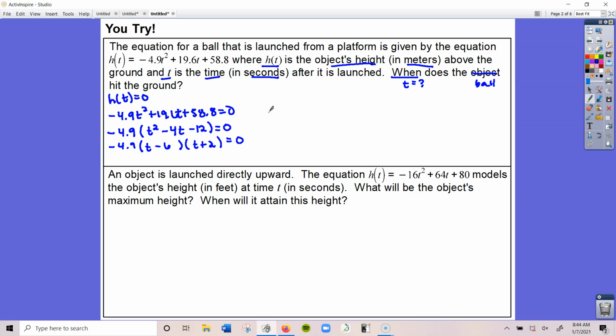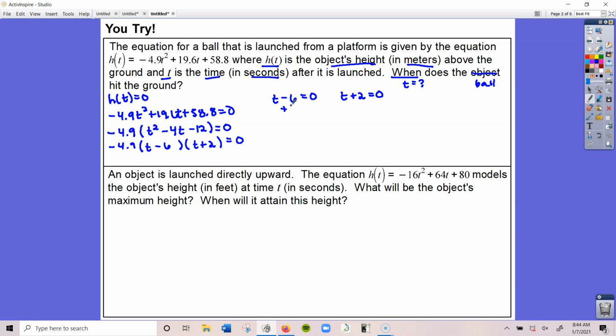Once you have your factors, you take each individual factor, so t minus 6, you make it equal to 0, and t plus 2, you make it equal to 0. This negative 4.9 will not affect your answer because there is no t attached. So you take only the factors that have your variables, and those are the ones that you make equal to 0. And now we solve for t.